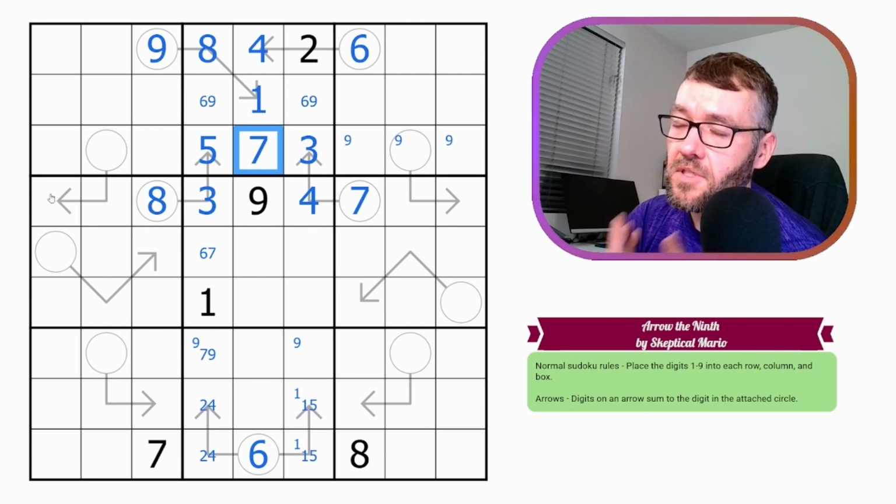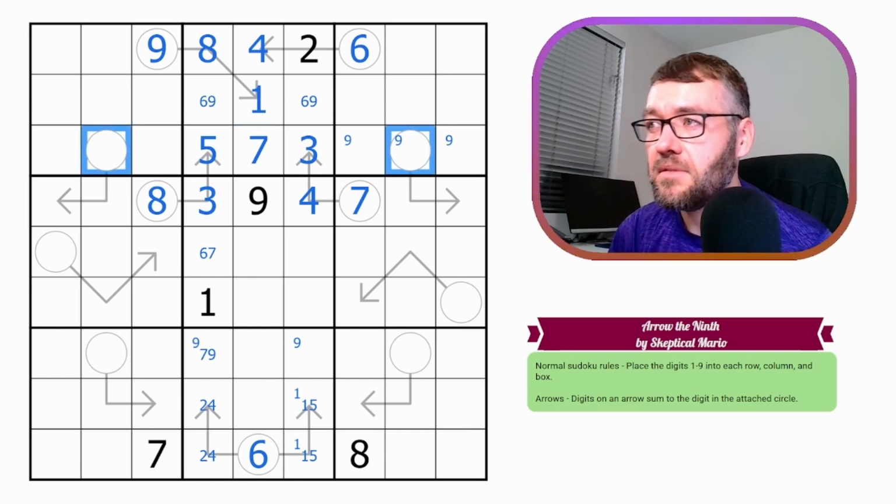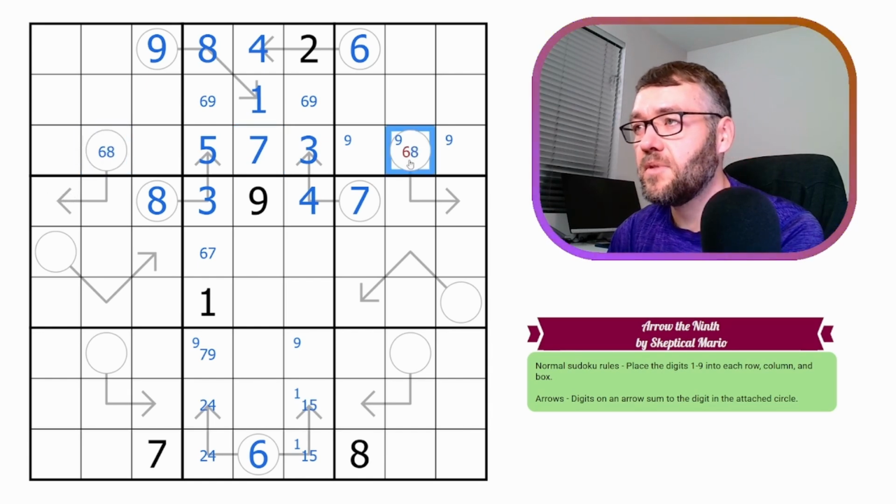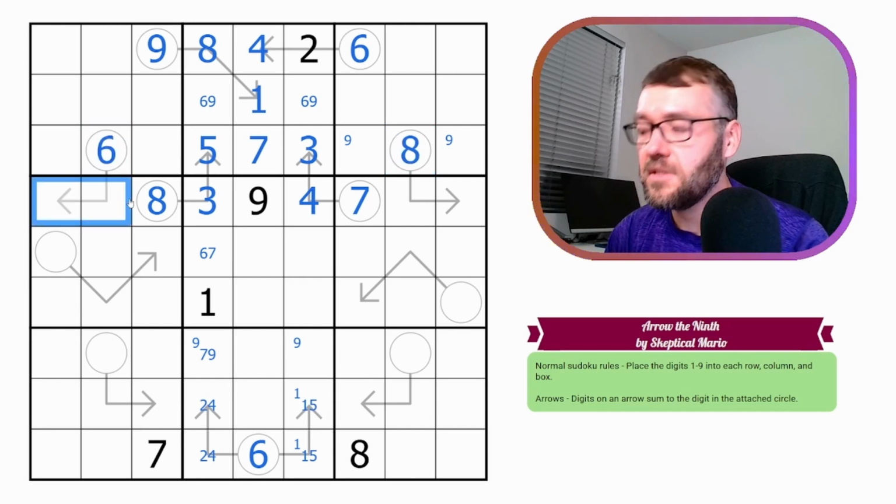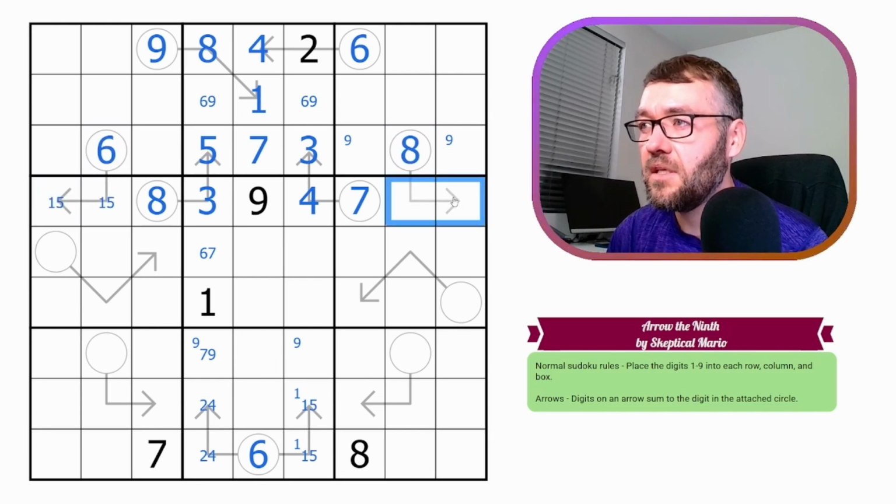So the 5 can't go with the 2 or the 6, so we need the 5 to go with the 1. And then the 6 to go with the 2. Which would make these 6 and 8. This is now a 6, 8 pair. In fact, this one is the 8. This one's a 6. This is a 1, 5. This is a 2, 6.